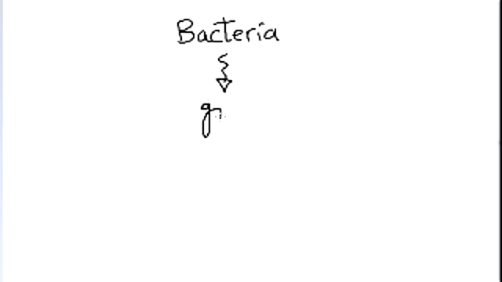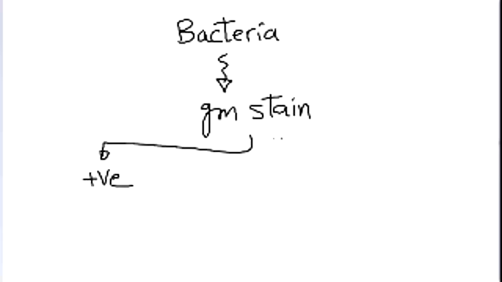Before I start talking about the gram-positive lab algorithm, I have to quickly tell you that bacteria are classified according to their gram stain into gram-positive bacteria and gram-negative bacteria.